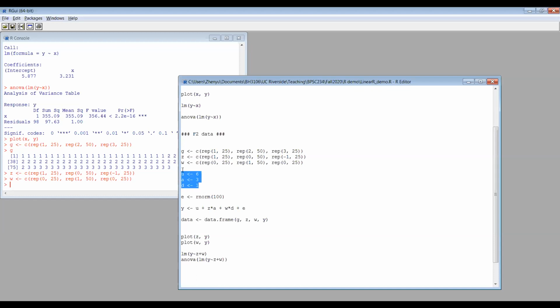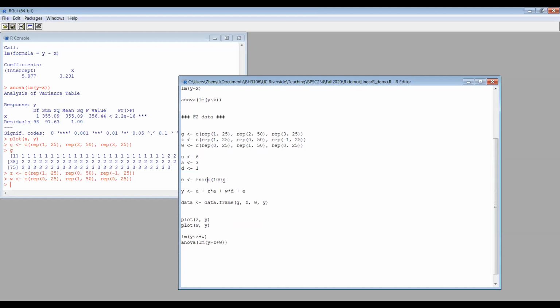Okay, suppose this is the real case, but now we're going to introduce some difficulties for your data, right? We're going to bring in some random errors here. We still generate 100 random errors from the standard normal distribution.